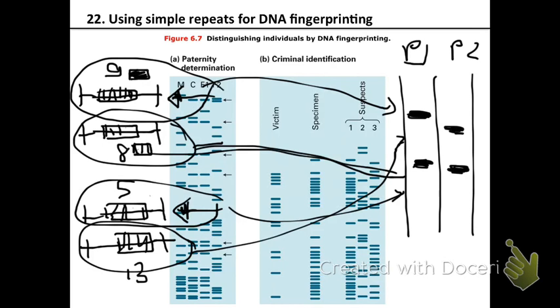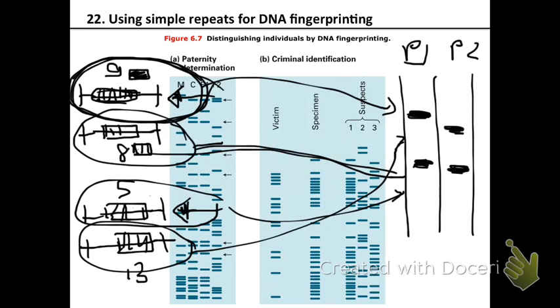And each person has 2 copies of an allele. Does that make sense? So you have 2 copies of this location. The one that you got from your mom or dad could be 9 copies, but you might get a different one from your other parent, right? And then you would have a different copy number.